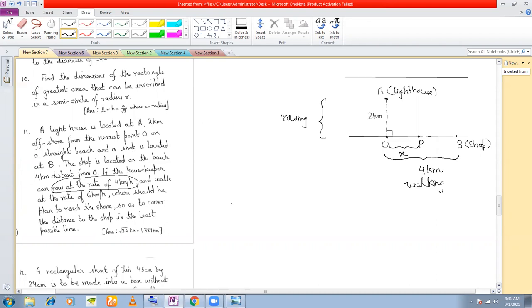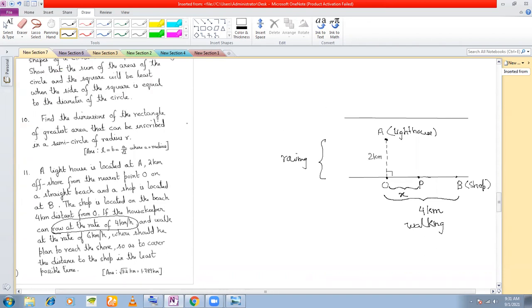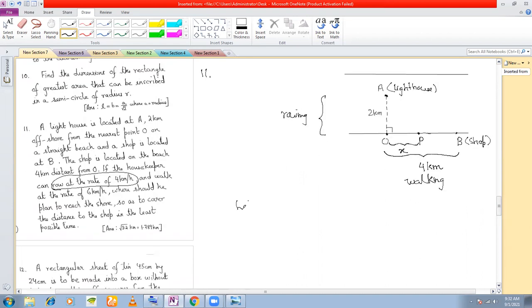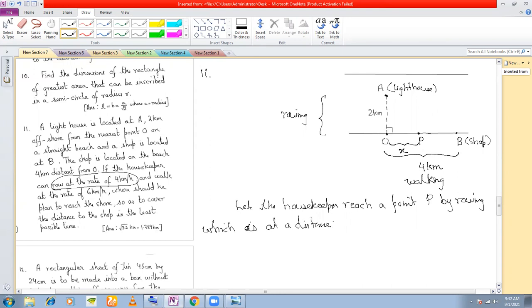So let the housekeeper, this is number 11, reach a point P by rowing, which is at a distance of x kilometers from O.